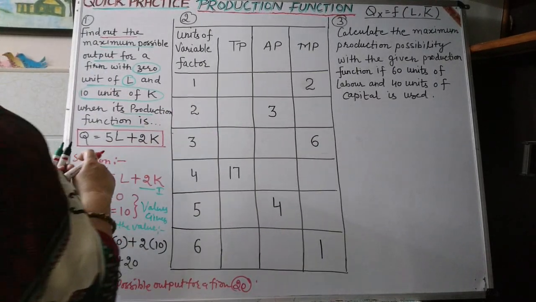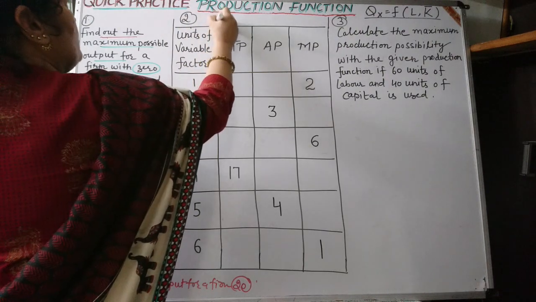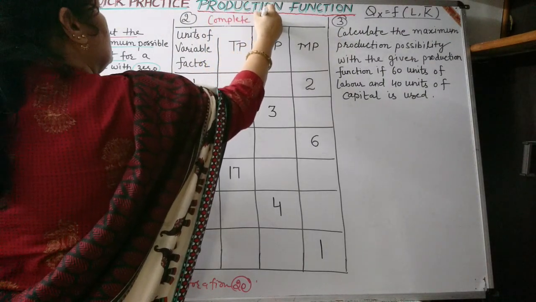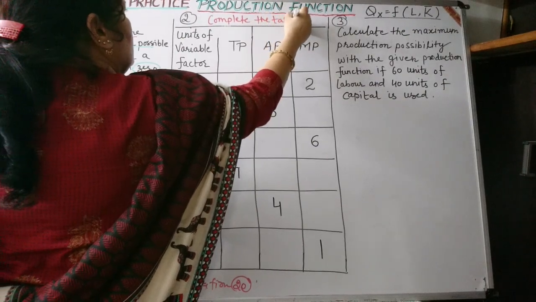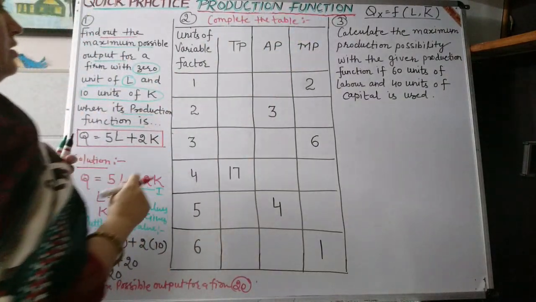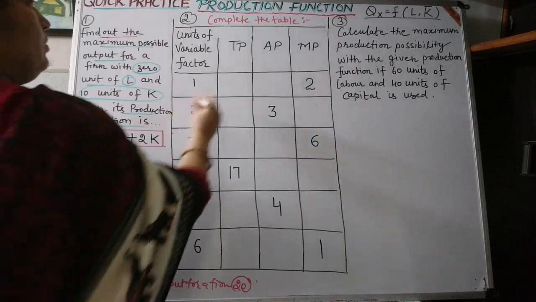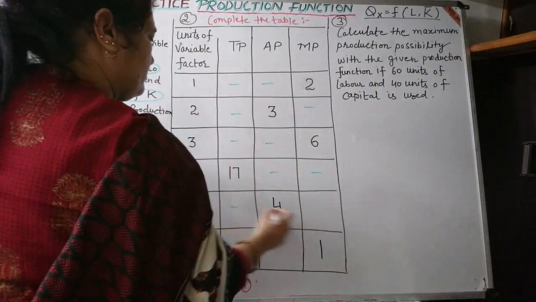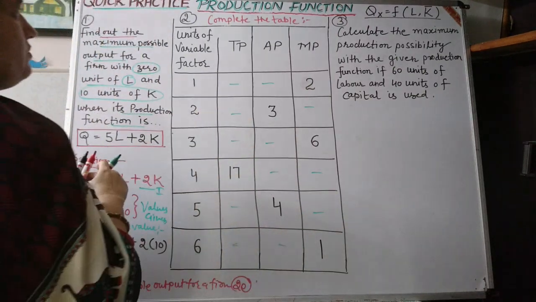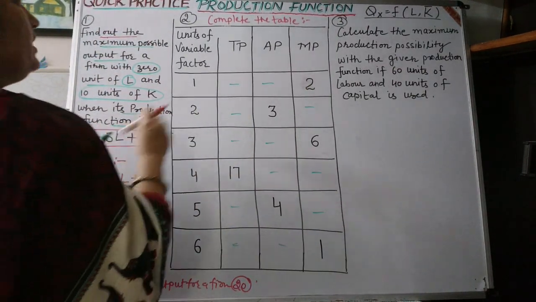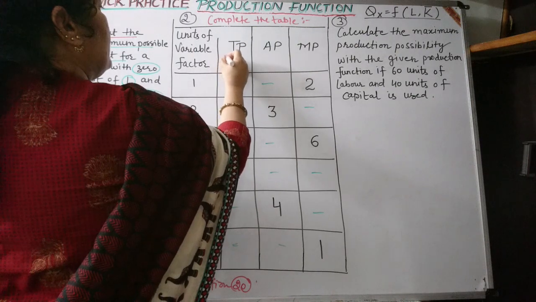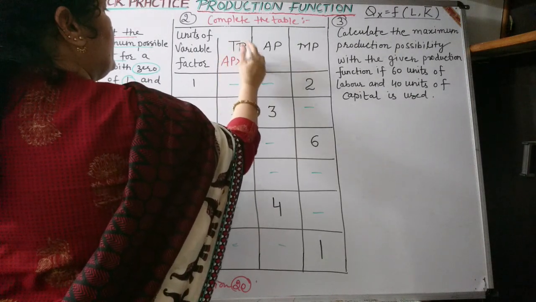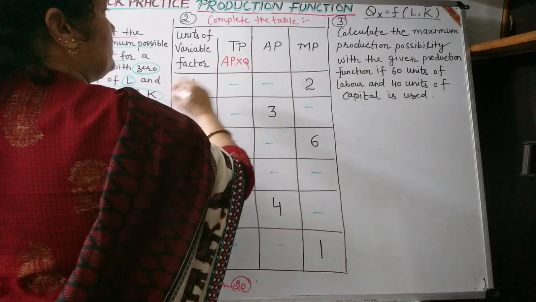Now let us calculate, because we have to complete the table. In our second sum, we have to fill up all these boxes. So let us see whatever is given. First of all, AP. TP can be calculated as AP multiplied by quantity.